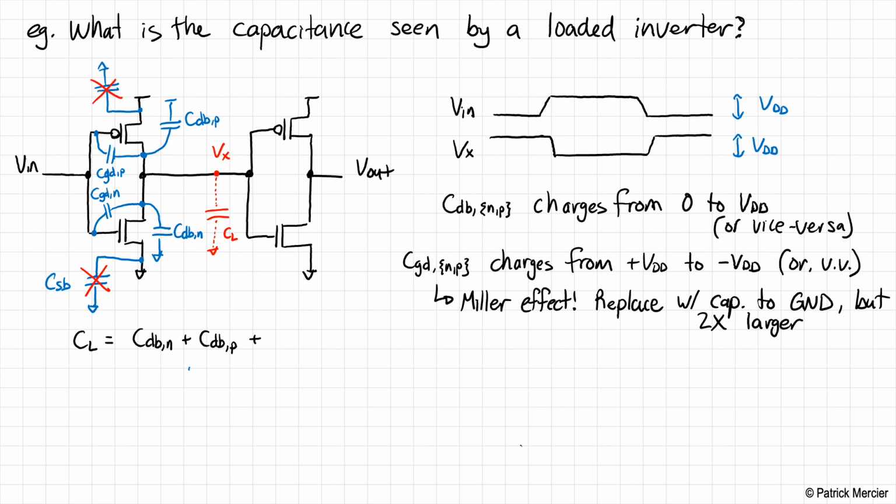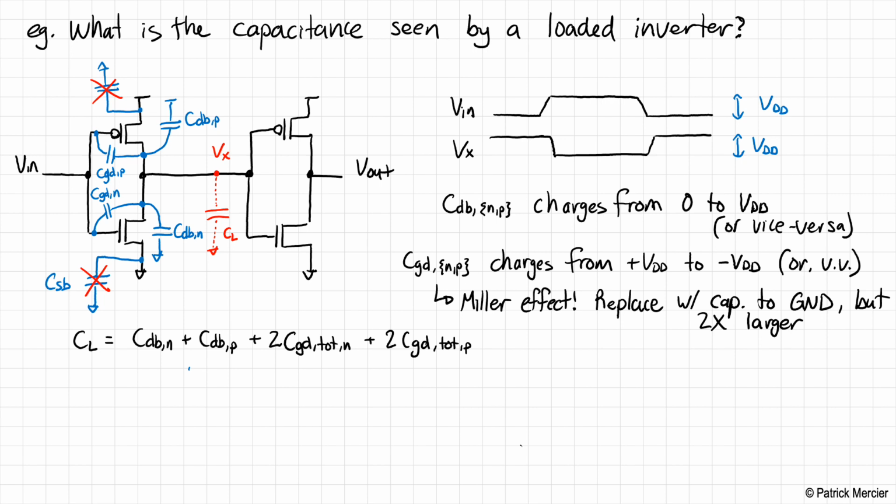Okay, so basically we're saying because of the Miller effect, we basically see double the amount of capacitance on that node simply because it's charging over double the amount of voltage. So what we say then is we have 2 CGD total N, I'm using total because we should also include any overlap capacitance that might exist here, plus 2 times CGD total P. Okay, so are we done here?